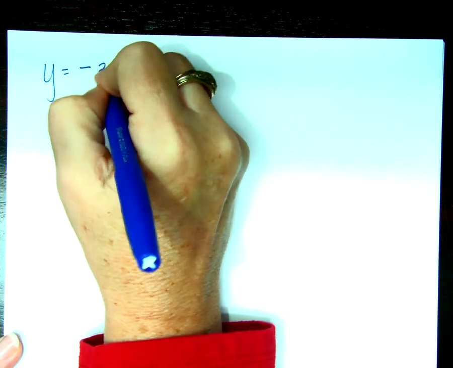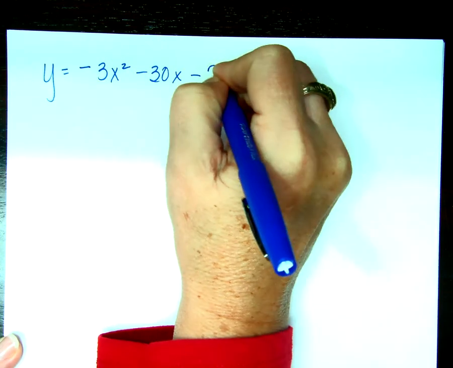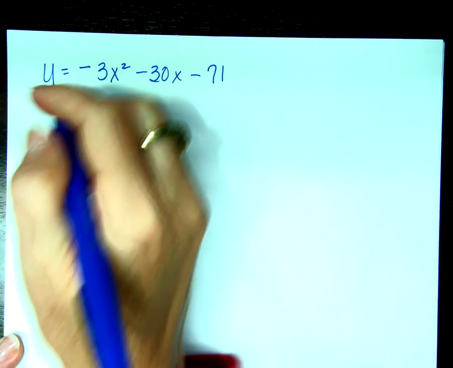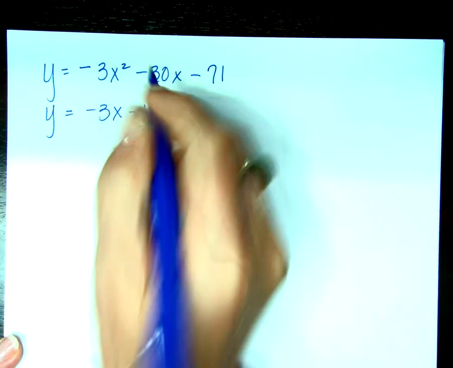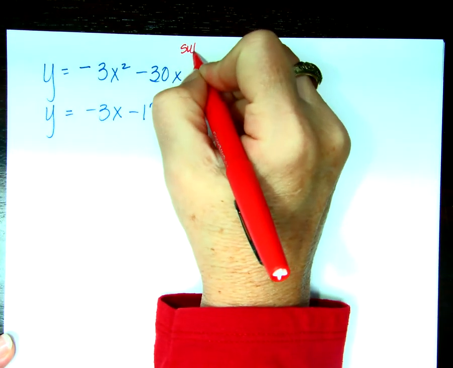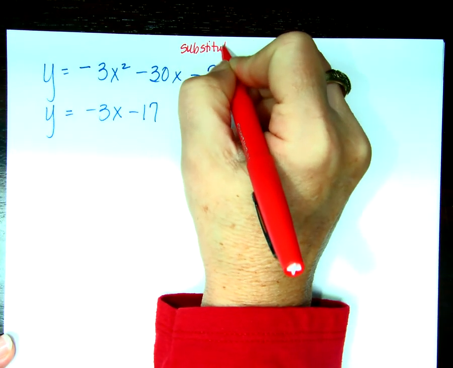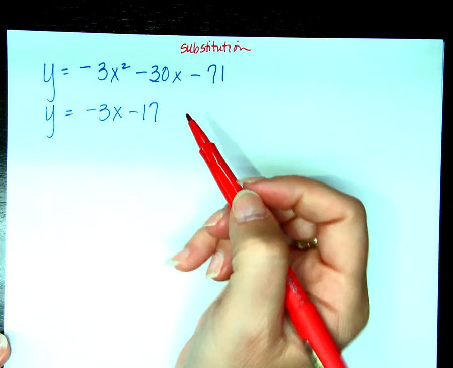y equals negative 3x squared minus 30x minus 71, and y equals negative 3x minus 17. Okay, that's my system. I would like us to solve this by substitution. If we're going to solve it by substitution, what does that mean again?